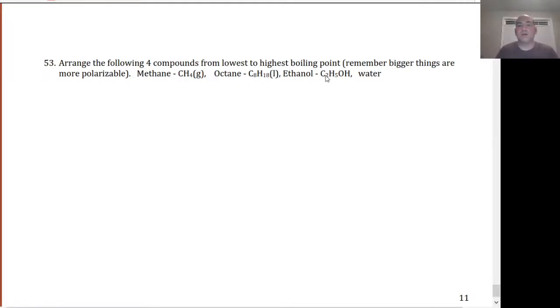And then we have two molecules, ethanol and water, that are primarily controlled by hydrogen bonding forces. But we want to rank all four of them from lowest to highest boiling point. So why don't you give it a try with those? And if you feel brave and you want to give it a guess, put it in the chat, and then we'll see how it goes.